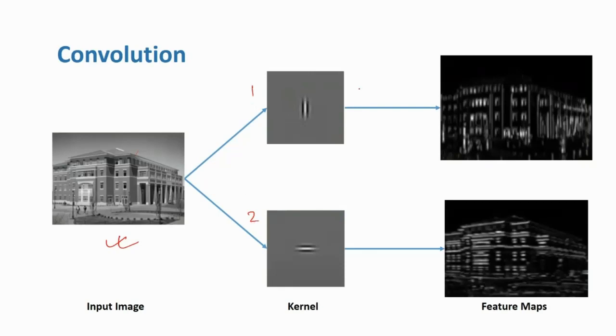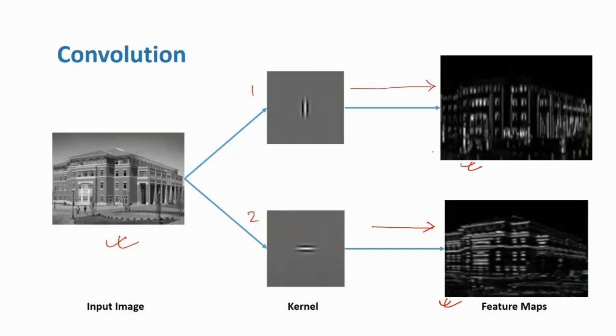The output feature map after applying the convolution operation by the first kernel will give you this one. The output feature map which I am getting as a result of the convolution operation by the second kernel is this one. These two are called feature maps, which are nothing but the features extracted from the images.